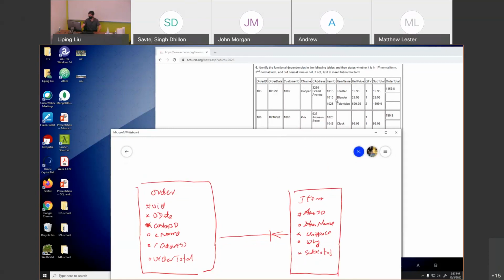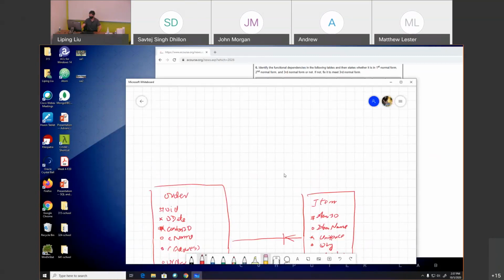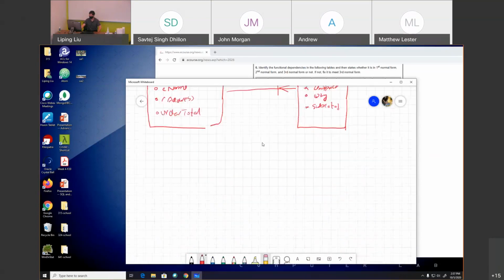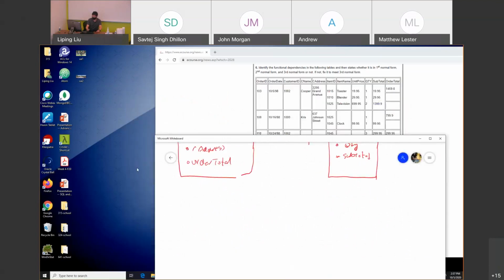So basically, we are going to take them out and then make a separate table. So now if we're going to make separate tables, what will the tables look like? Okay, it's going to look like this. We are going to have a table for orders. That will have order ID, order date, which is required. Order ID is a primary key here.